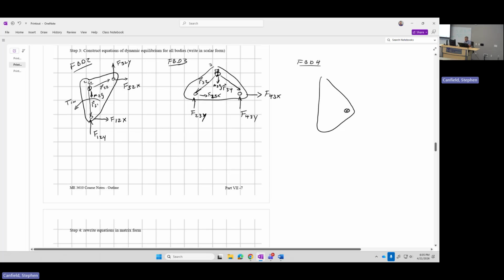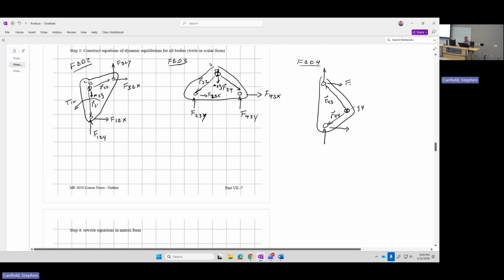And then we come over here to our fourth body. Here's my fourth body, G4. I get these vectors. So this was R from 4 to 3 and R4 to 4. And I would know these vectors, by the way, from the position problem. That's why we did all that work. I get the reactions here, and I don't know the direction, so I just assume they're positive x, y.